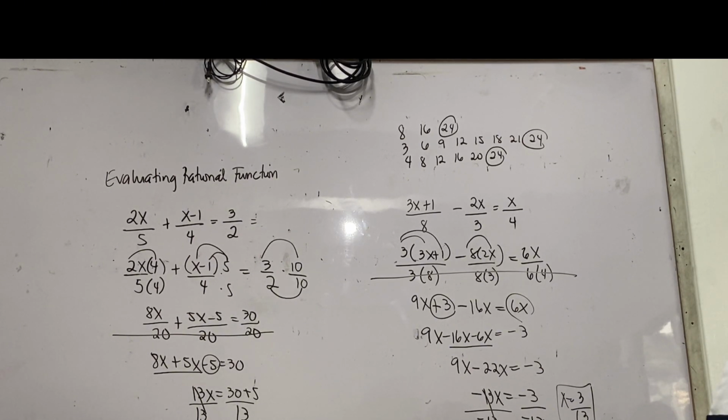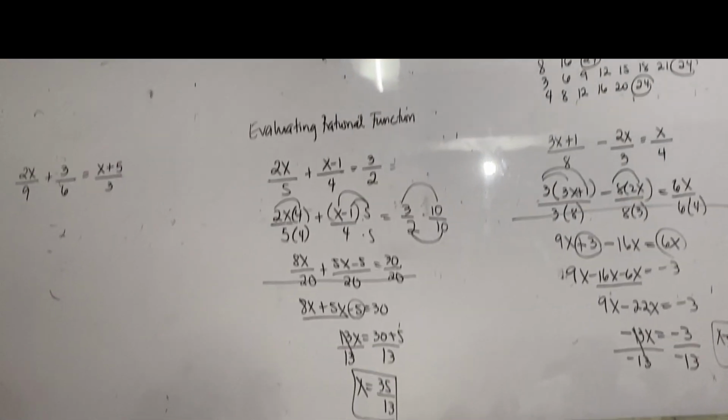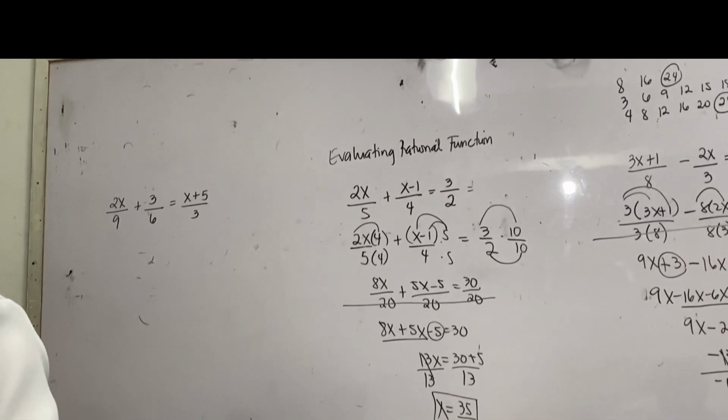Ito po, ang unang-unang isipin nyo paano magiging pare-pareho yung denominator. Saan sila mag-limit? Skip counts by 9, skip counts by 6, skip counts by 3.